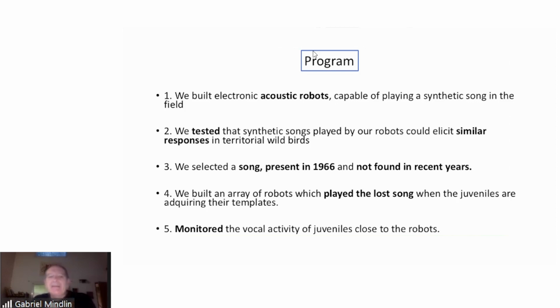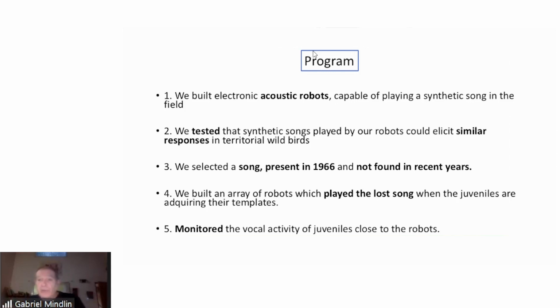So then what we did is select a song that was present in the 60s, but is not found in present years. So we built an array of these robots that was playing this lost song, and we were hoping that some juvenile will take that as a tutor. So this is not trivial because, in principle, it's possible that they also need behavioral cues, right? Like to see that the male is handsome, skillful, or whatever, charismatic.